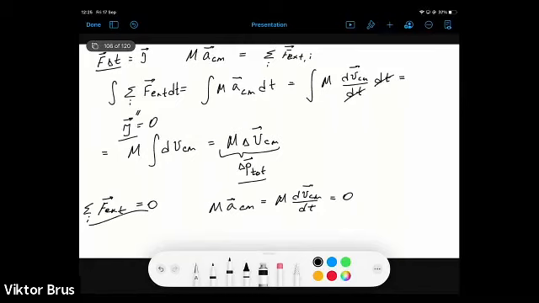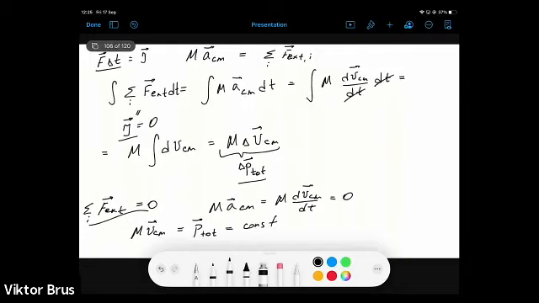That means that the product m v center of mass vector is equal to the total linear momentum vector and remains constant.